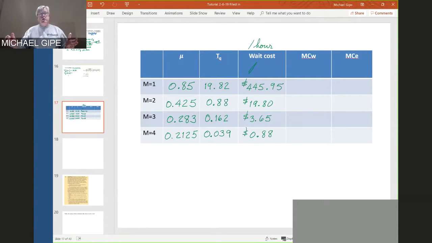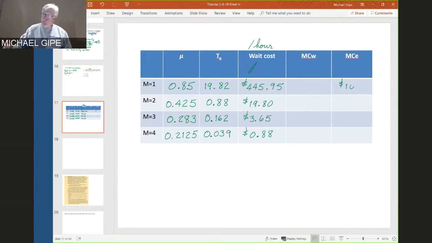And of course, the marginal cost for each employee is still $10 per hour. What's the marginal cost of the waiting, as a function of number of employees? How do we do that? Remember way back when we looked at marginal costs in term 1?